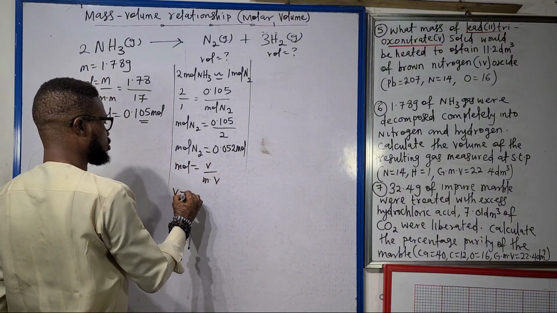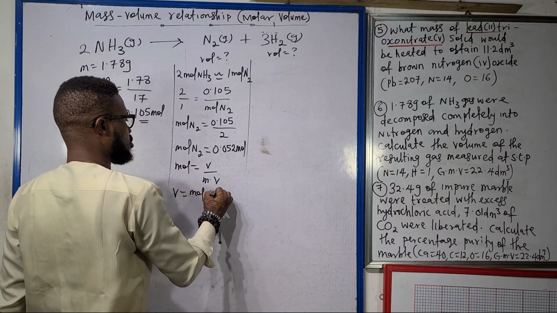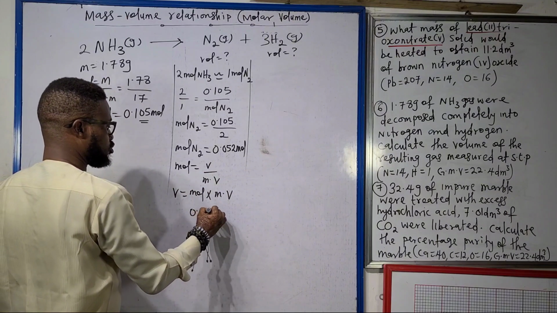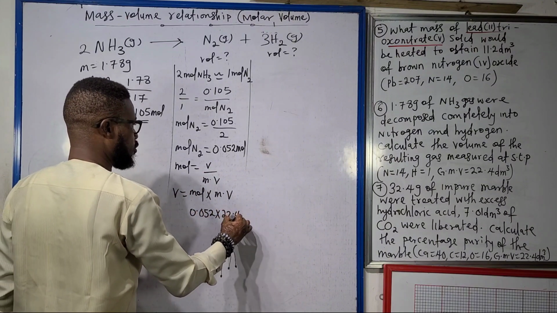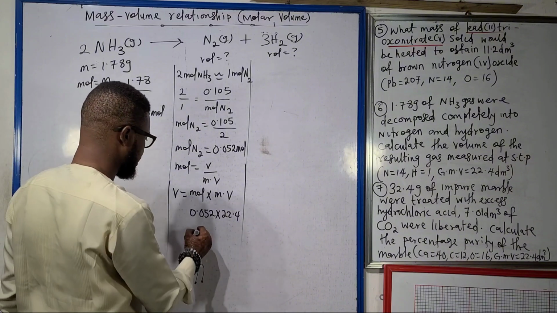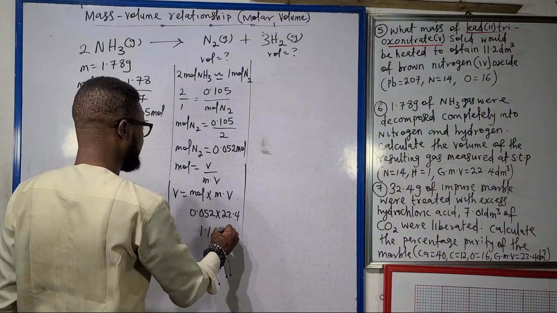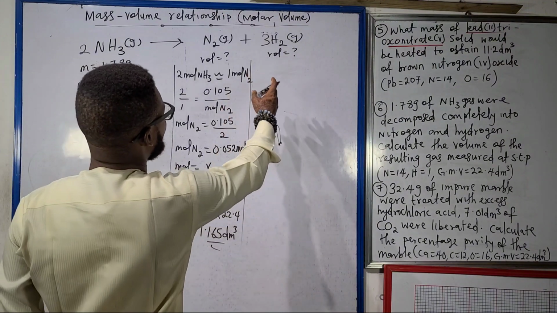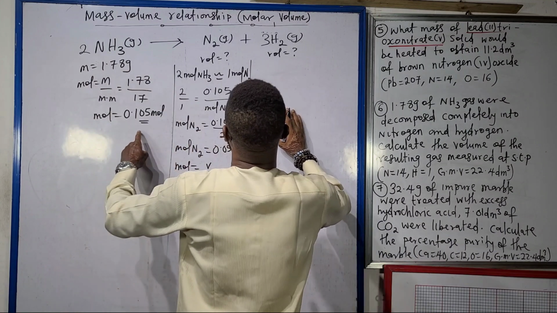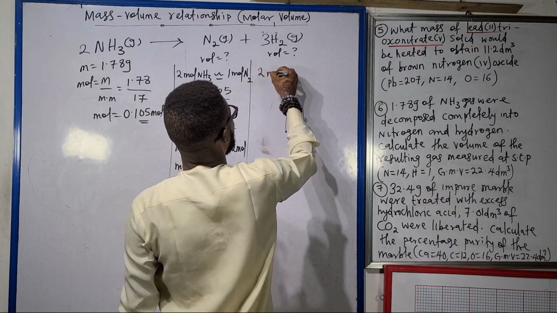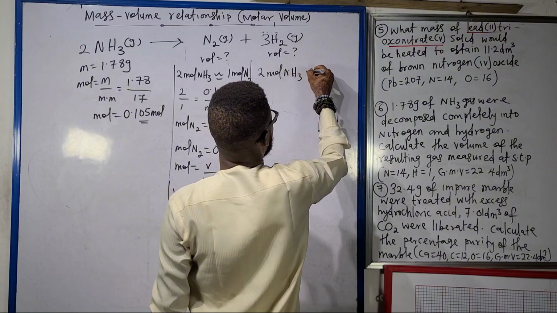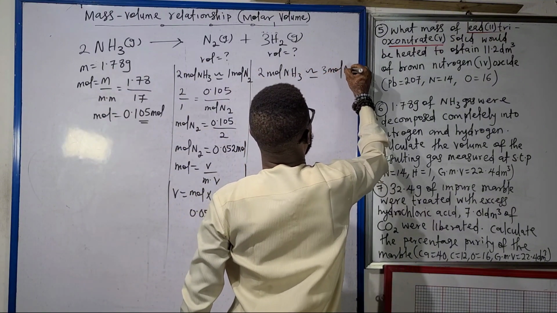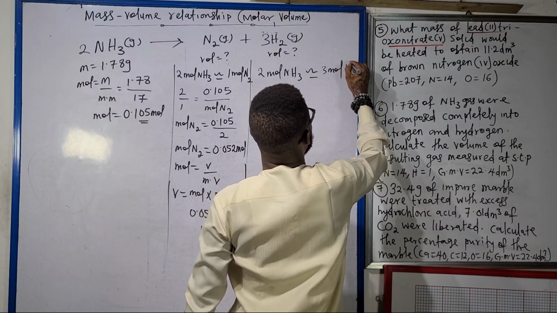So volume here is going to be mole times molar volume. So this is 0.052 times 22.4. That should be 1.165 dm cube. That is the volume of nitrogen. If I am to deal with hydrogen gas here, I'll be saying 2 mole of ammonia gas is equivalent to 3 mole of hydrogen gas.